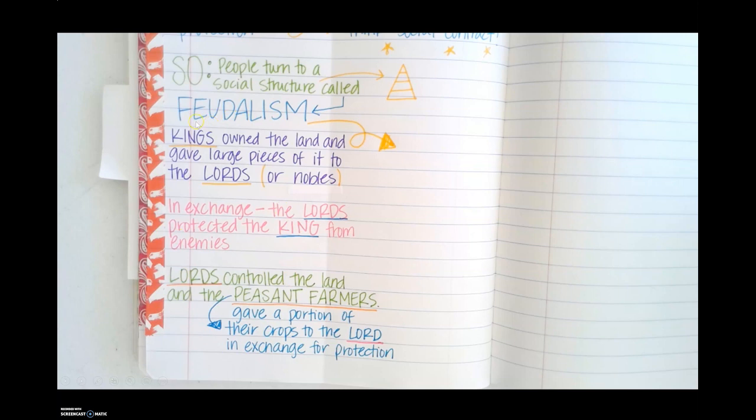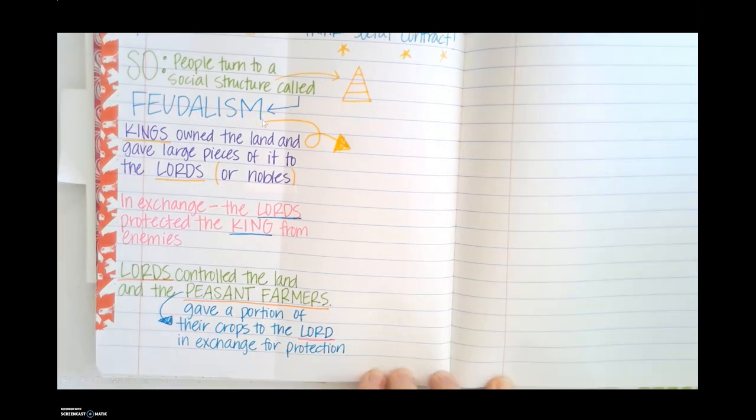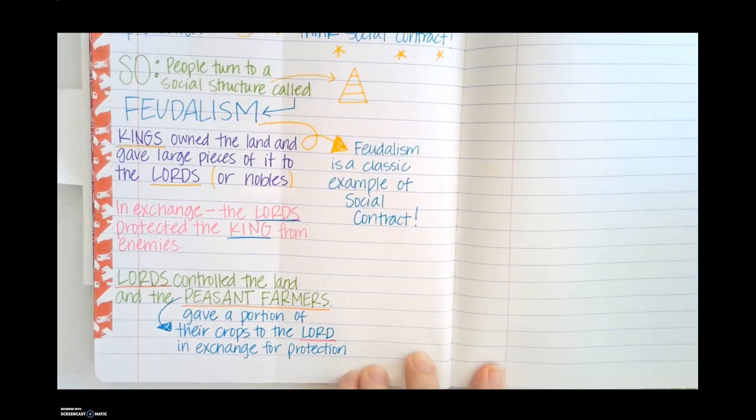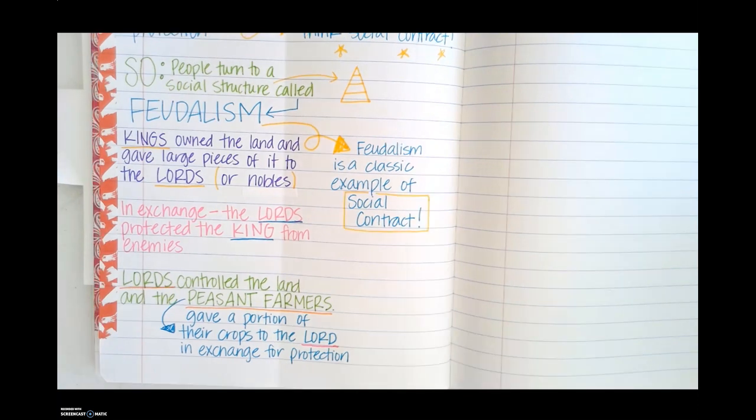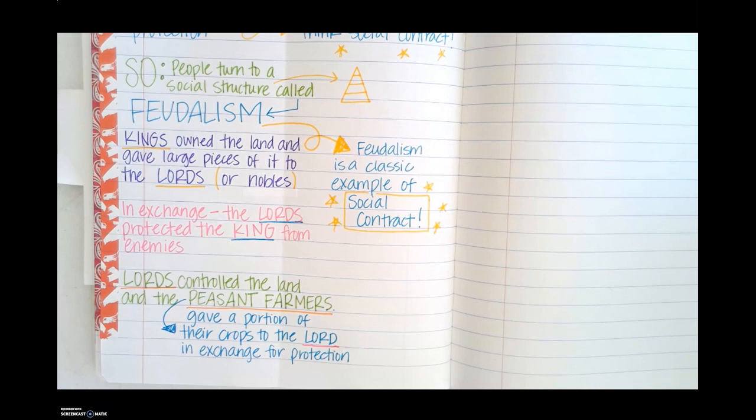And ultimately, the most important thing I want you to get here is this right here. So draw this arrow here from the word feudalism, because feudalism is a classic example of a social contract. That's very important. Let's put a box around that and add some stars. Feudalism is a classic example of social contract.